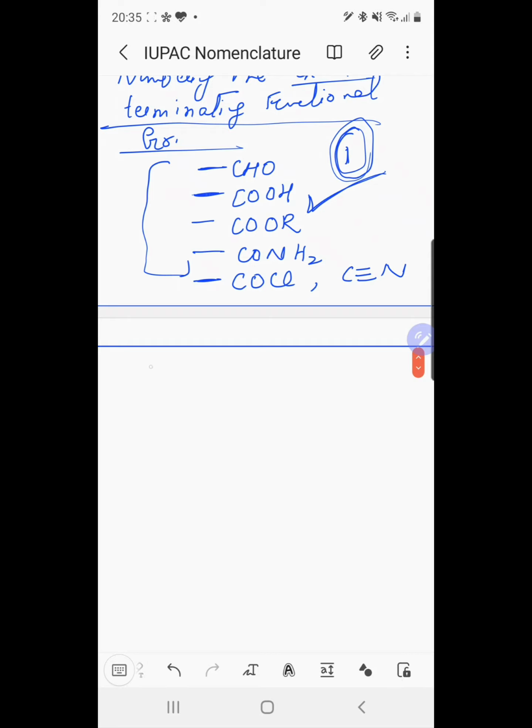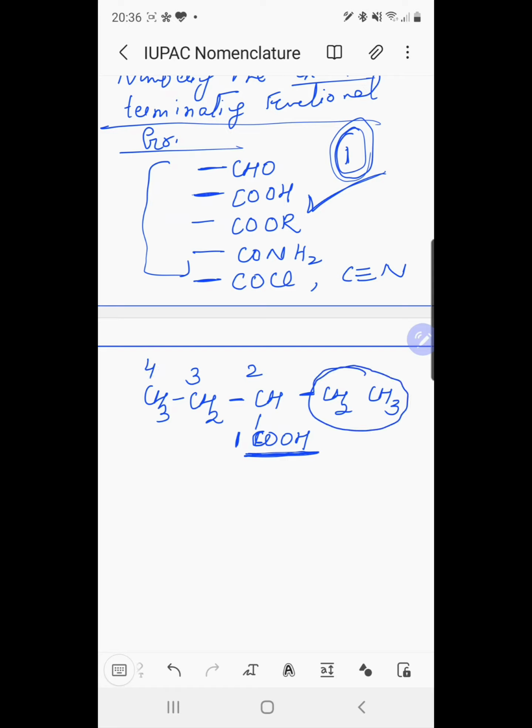For example, CH3 CH2 CH COOH CH2 CH3. Now this is the compound. We know that this is the carboxylic group and it will get the first position. So we start the numbering 1, 2, 3, 4.